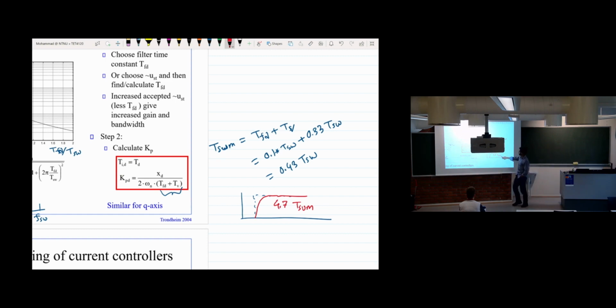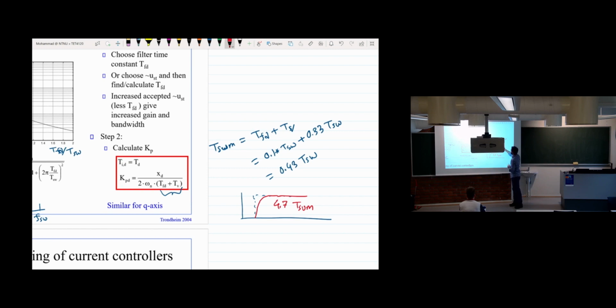And here T sum is 0.43 times TSW. So if you want to track the current instantly, as you can see from this equation, you need to reduce T sum, the only value that you can reduce here.